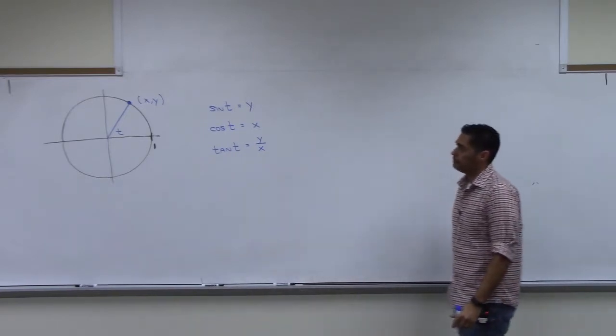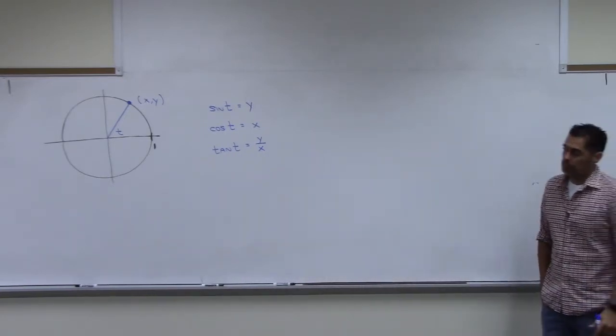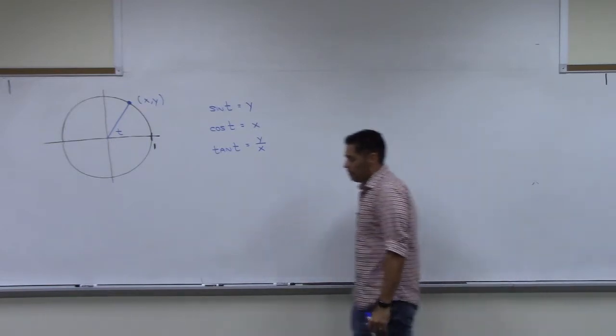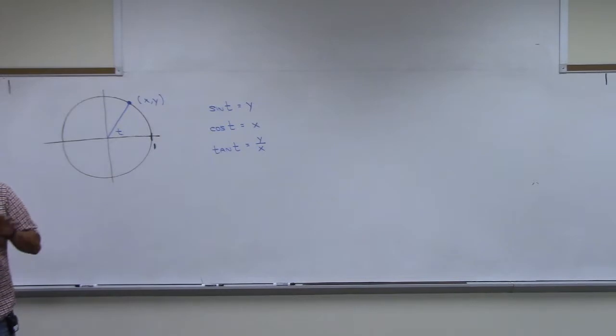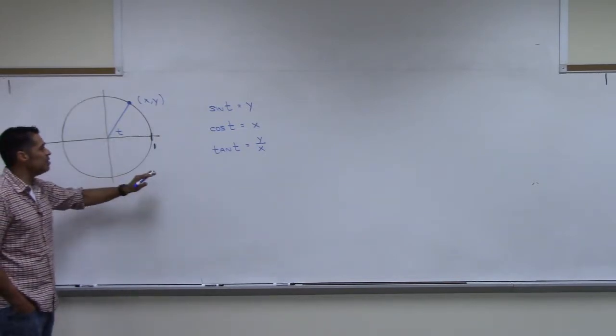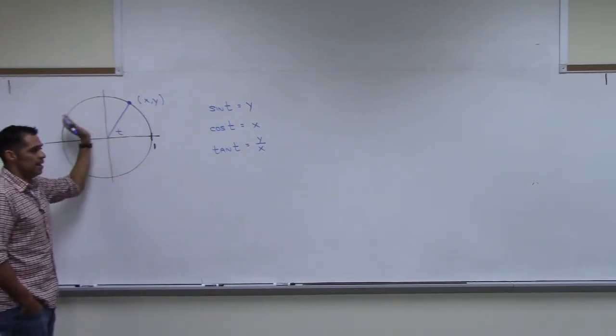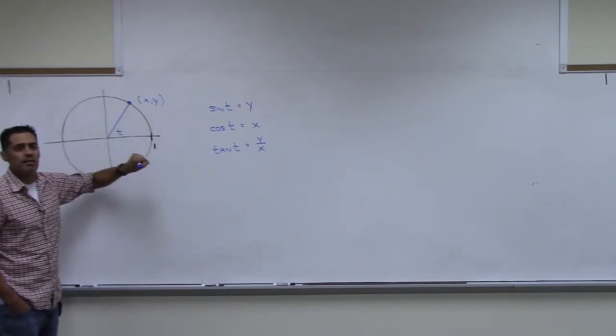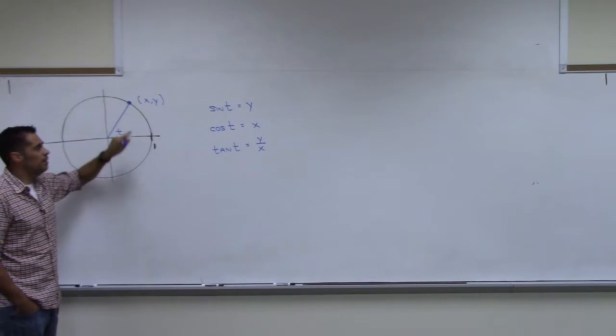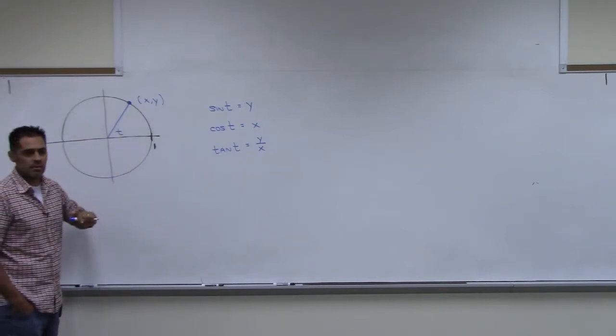Okay, good. So if somebody hands you a unit circle and asks you for sine, cosine, or tangent of some angle that they give you, you're just going to need to know the x and y coordinates of the point that they're talking about, right? If you have those, then you're in business.